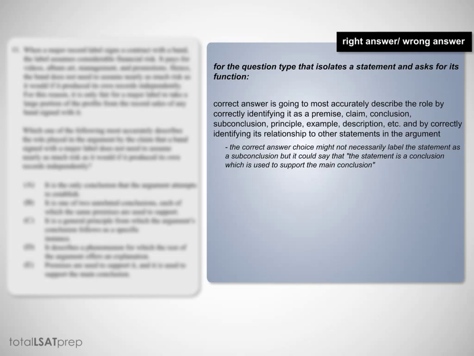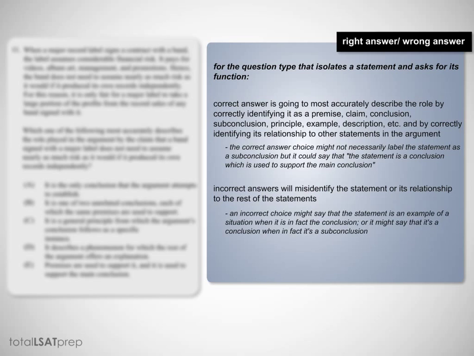So it'll give you a definition of a sub-conclusion. And the incorrect answers will misidentify the statement or its relationship to the rest of the statements. An incorrect choice might say that the statement is an example of a situation when it is in fact the conclusion. Or it might say that it's a conclusion when in fact it's a sub-conclusion. The answer choices can be presented in abstract language, or they can use the information from the argument, or it can be some combination of both.